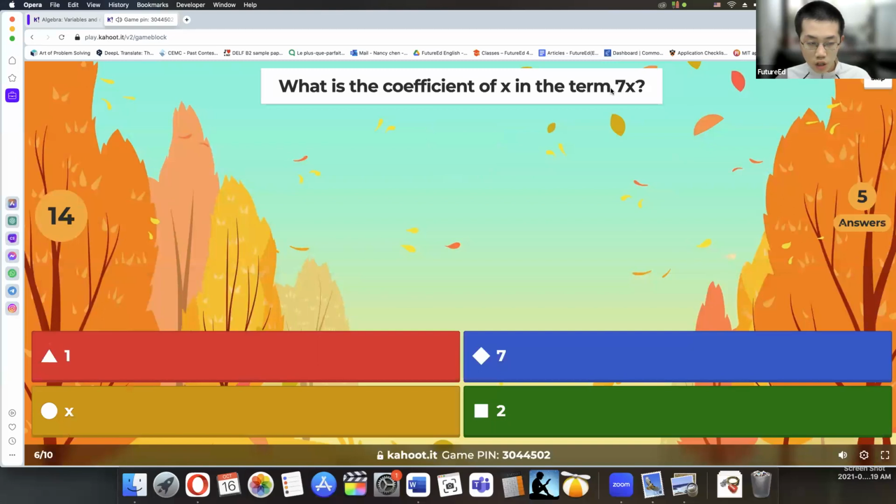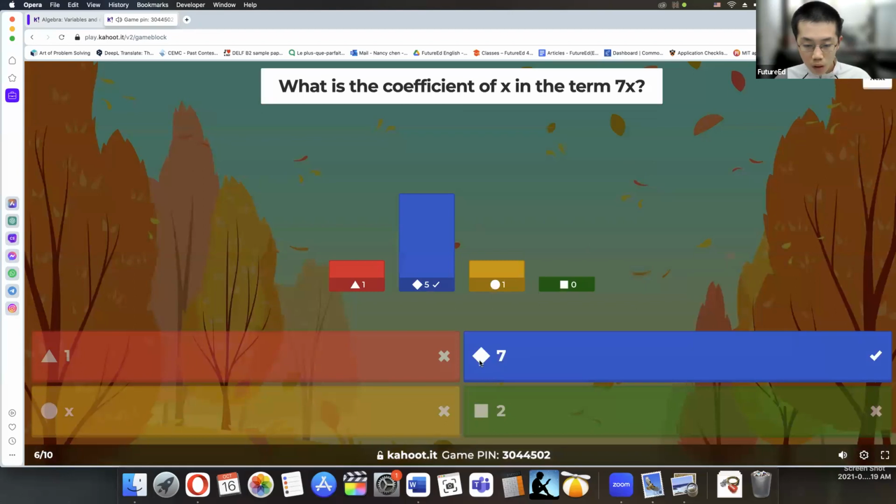Well, coefficient is the numerical part of the expression, the number part, not the letter part. Okay. It is 7, because 7x has the 7 in front of it, so we know the coefficient is 7.